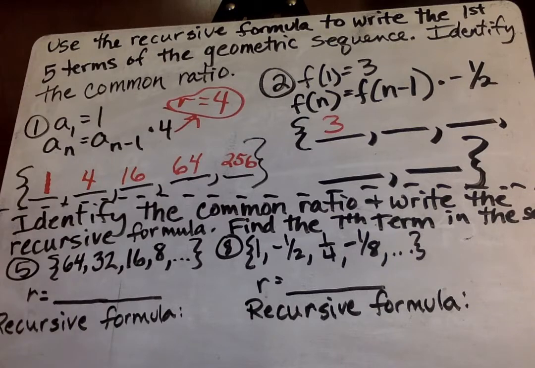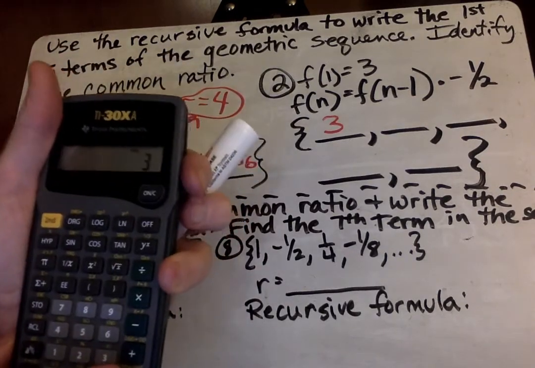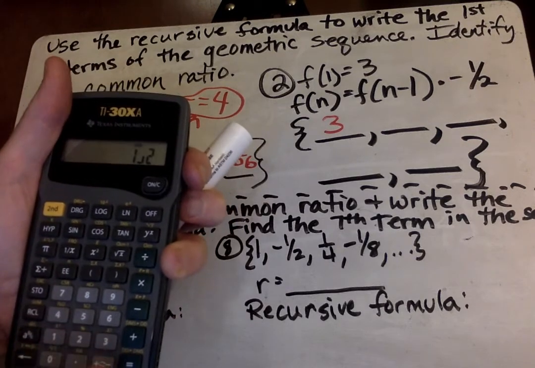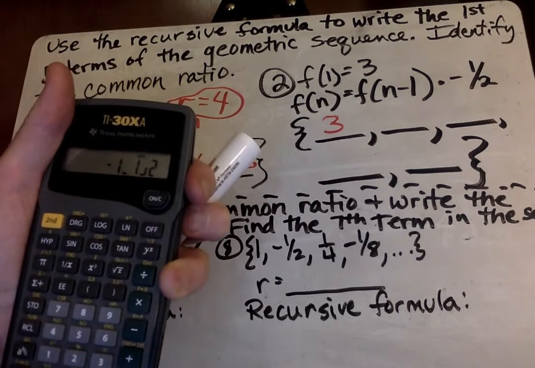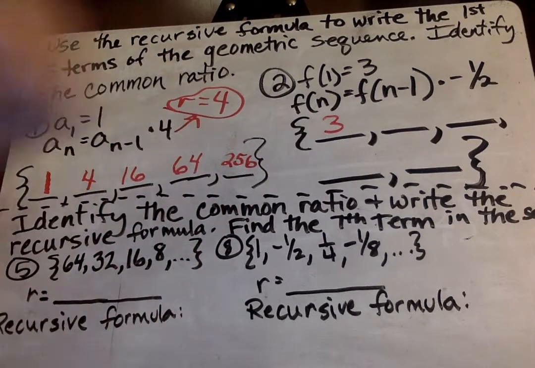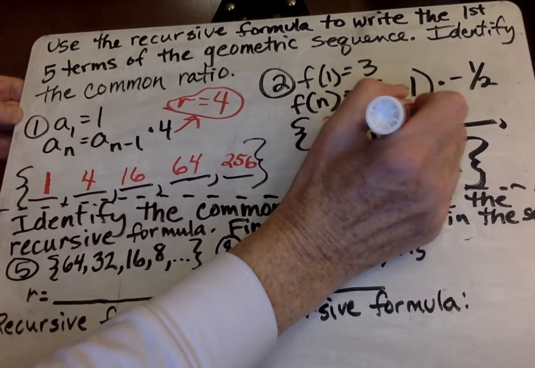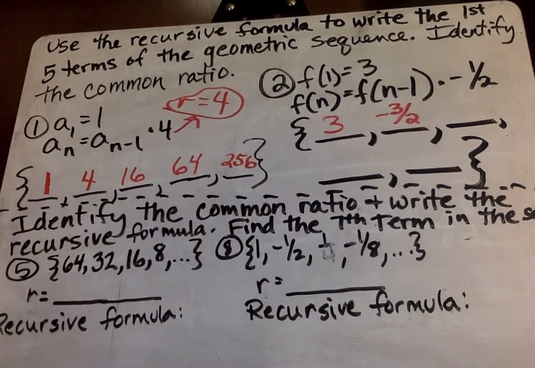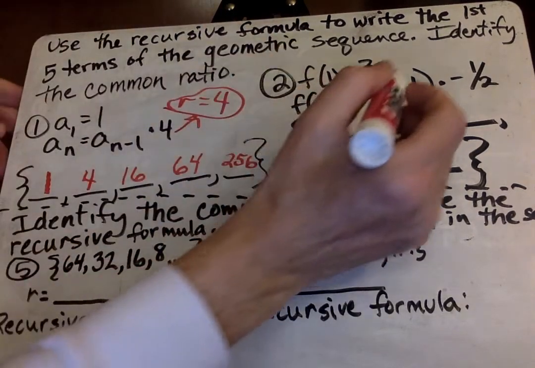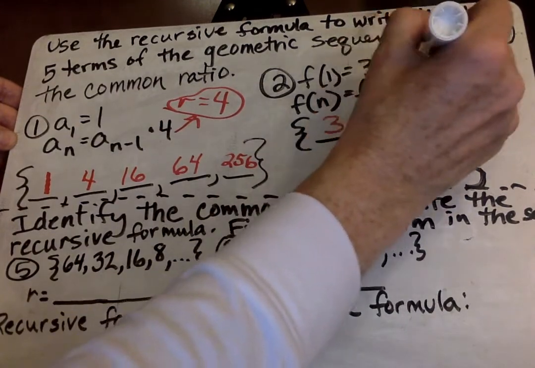If I want to use my handy dandy calculator, I go 3 times 1 ABC2 negative equals negative 1.5. I think the answer key is going to want that in improper fraction form, or you could put negative 1.5 if you wanted to for that one down there.